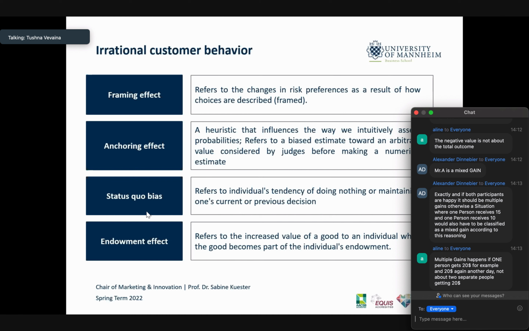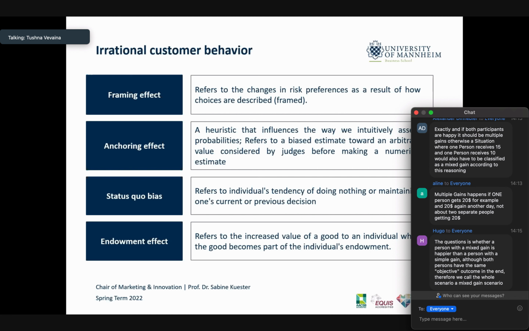Your status quo bias is sometimes, as consumers, we are used to using a product. Say you're using a SIM card, and Aldi Talk, for example, is the cheapest, and it provides connectivity in fewer places.